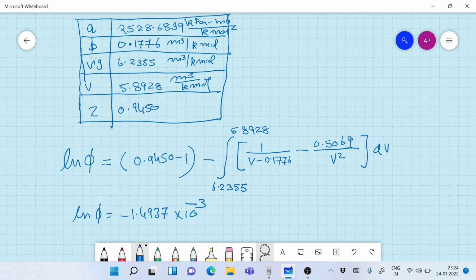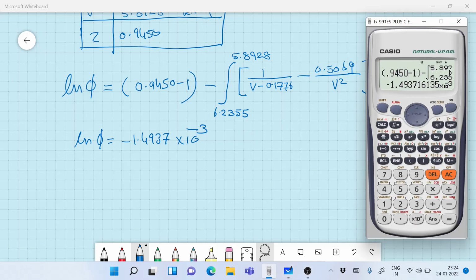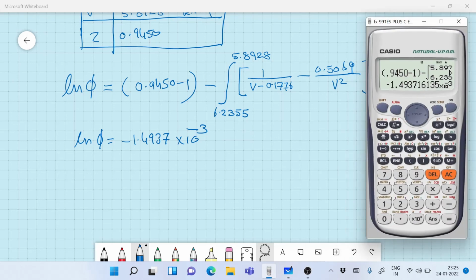Okay. So now let's see what exactly is phi. Minus 1.4937 into 10 raised to minus 3. So your phi is now going to be equal to shift e raised to x, minus 1.4937 into 10 raised to minus 3.